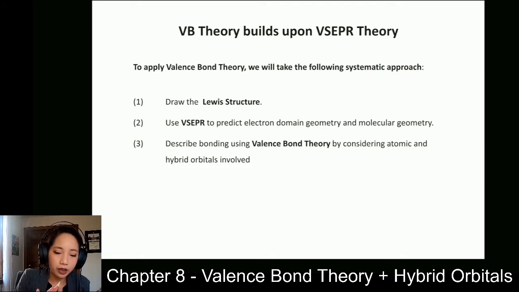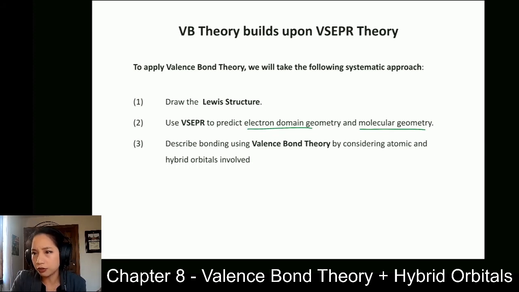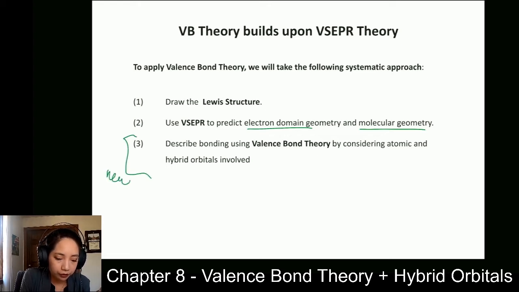So with this systematic approach, first you draw the Lewis structure. That's chapter 7 stuff. Then use VSEPR theory to predict the electron and molecular geometry of that molecule. Of course, I have to give you a molecule first to consider. Once you've done VSEPR theory and predicted the geometry, then you apply the new stuff.